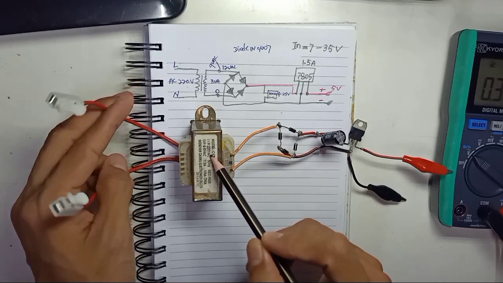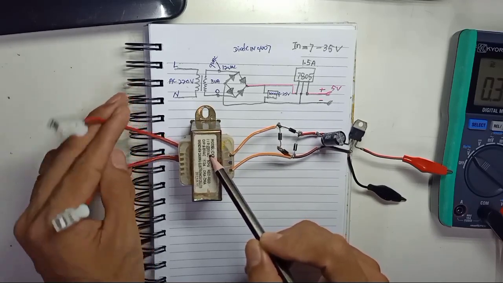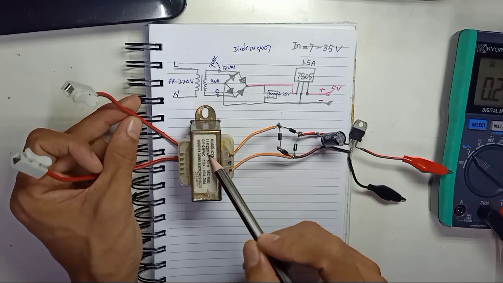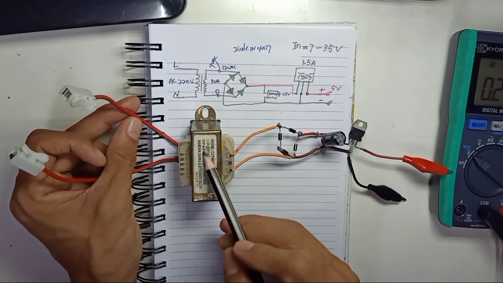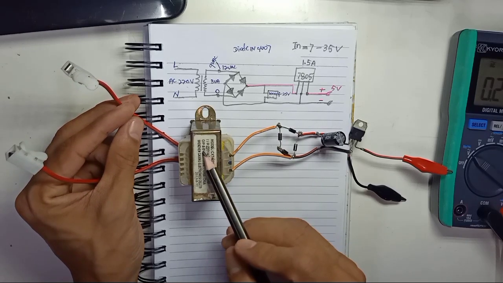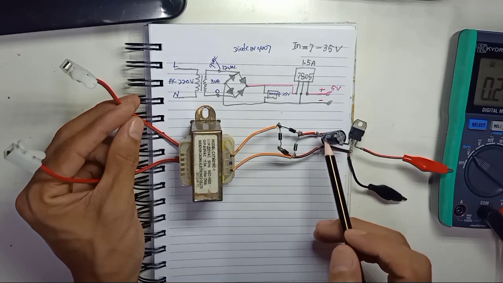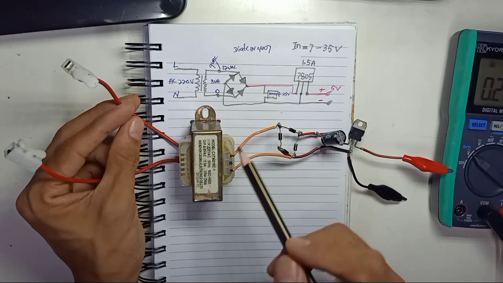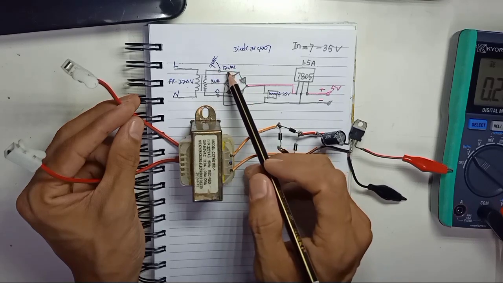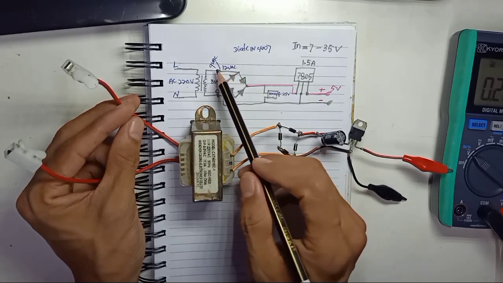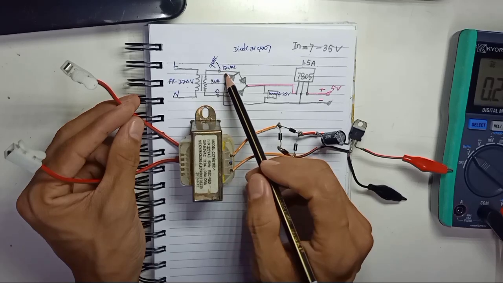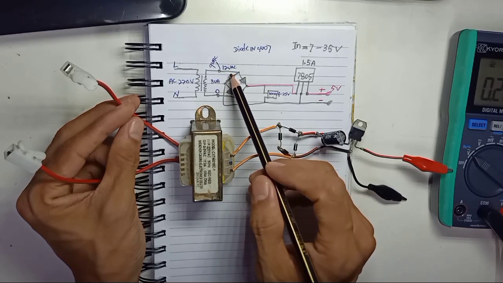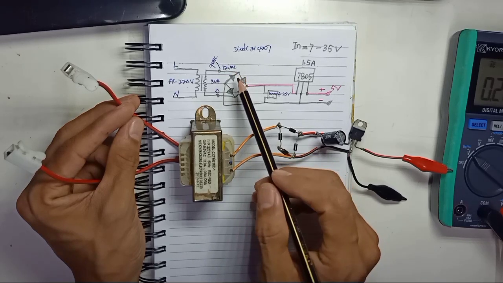You have to know how much voltage you can apply to the input and how much voltage is the output, so that you can choose the correct components. In this circuit you can use 9 volt or 12 volt, and you can still use 15 volt.